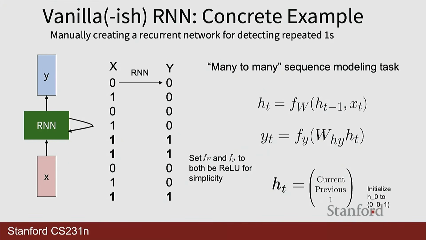We'll initialize it to be 0, 0, 1, so that we're basically assuming it has seen 2 zeros in a row before this point. This is the type of variables we're trying to track in our hidden state, and this is how we'll initialize h0. I talked about how you can initialize it with very different strategies, or you could learn it. This is what we'll initialize it to.